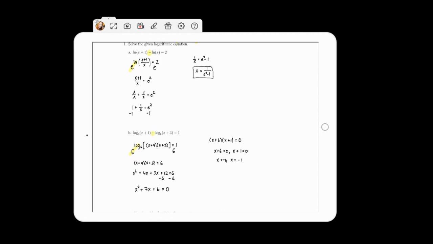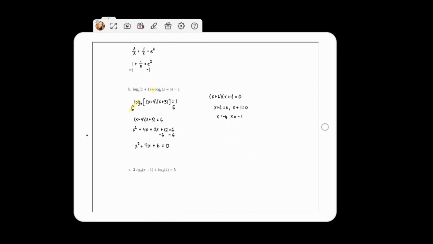So let's briefly review that the domain of log base 6 of x is only positive values of x. Now here we have the log base 6 of x plus 4 and x plus 3, so those are shifted over. So in this example, here I need x plus 4 to be positive, and here I need x plus 3 to be positive.